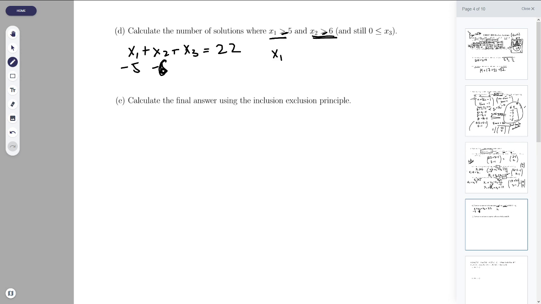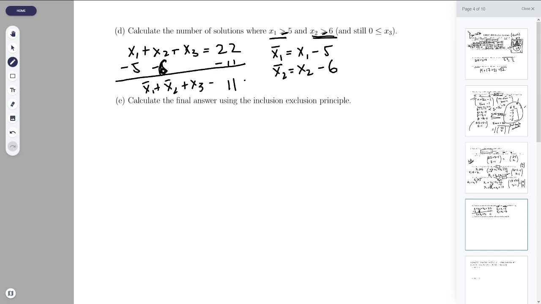So x1 bar is equal to x1 minus 5, and x2 bar equals x2 minus 6. So actually we're subtracting off 11 from this side, and we get x1 bar plus x2 bar plus x3 is equal to 11.